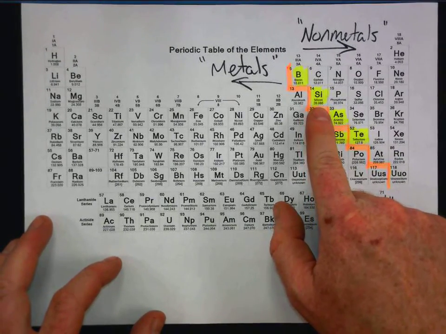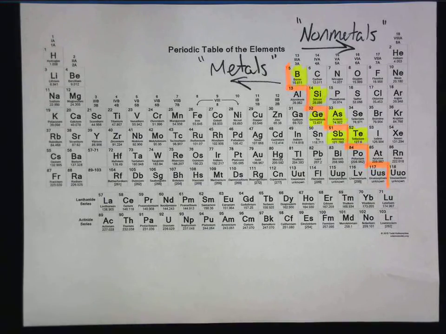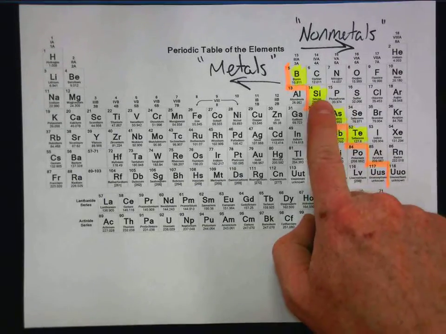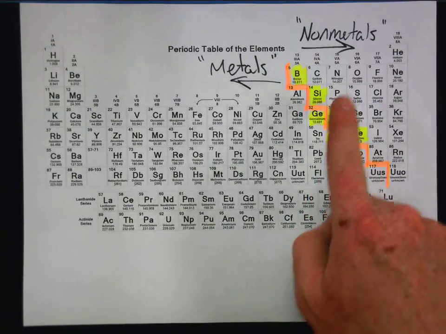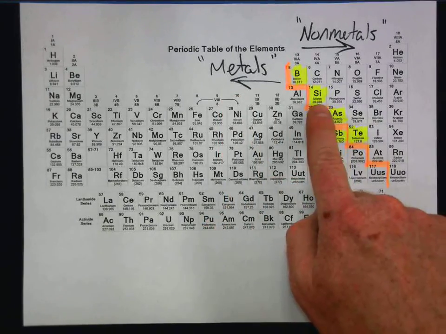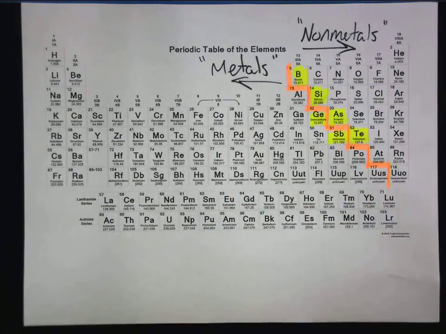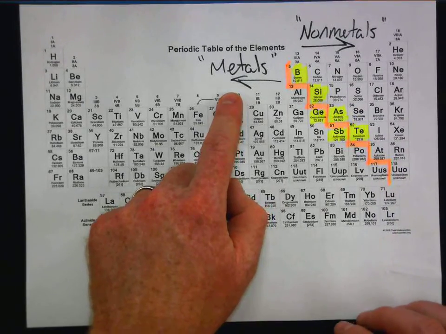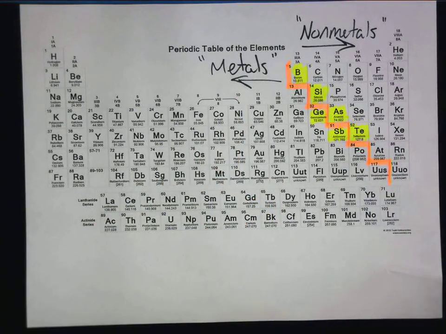You've heard of this place called Silicon Valley, where they make a lot of semiconductors. Well, silicon is a semiconductor. It sort of has properties of metals and sort of has properties of non-metals. Well, you know about metals, they are good conductors. There's some more detail we need to go into here.